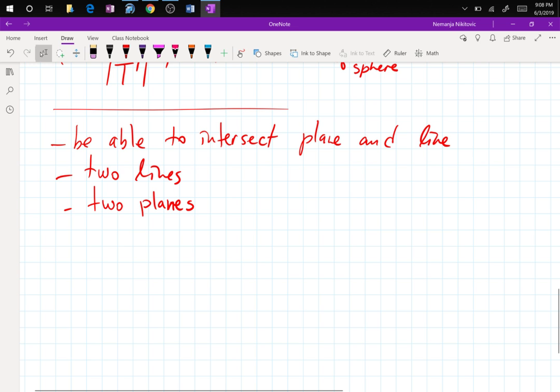Anything else that you might be interested in? Any questions, concerns, any problems to do or redo? Other than today's quiz problem, which was a cross product apparently.